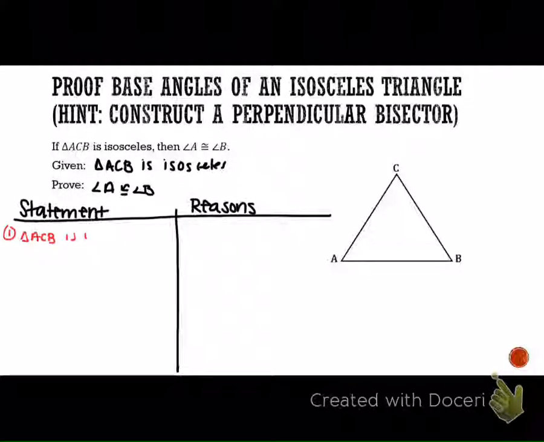Who remembers what you know when a triangle is isosceles? Carmichael? So we know that AC and CB are congruent, because that's the definition of an isosceles triangle.